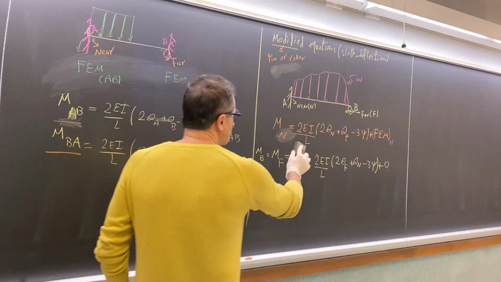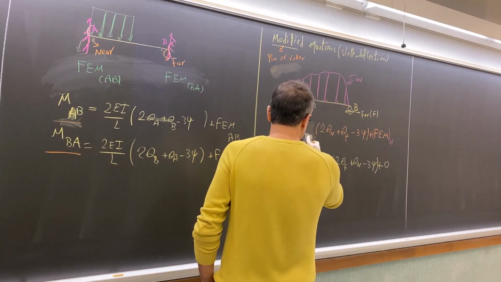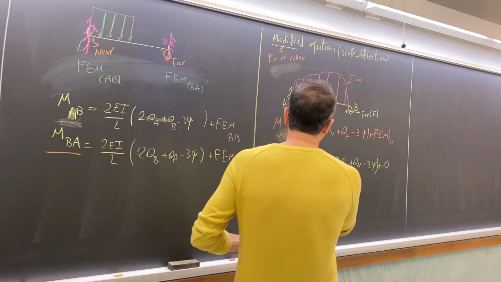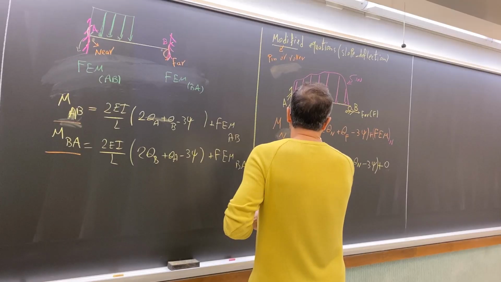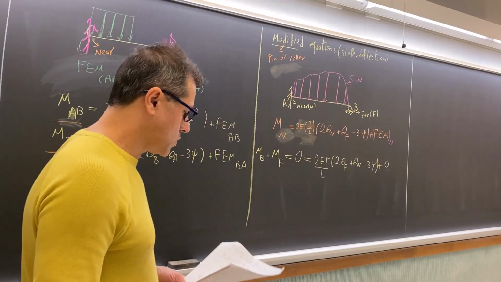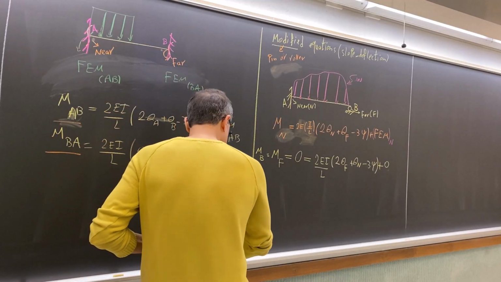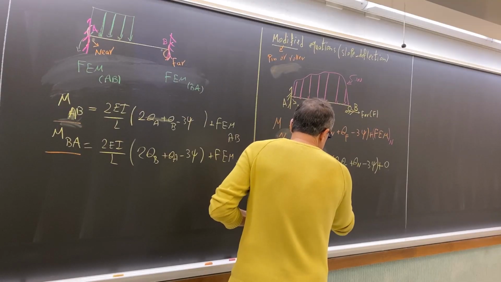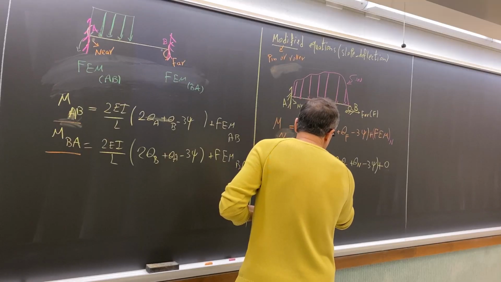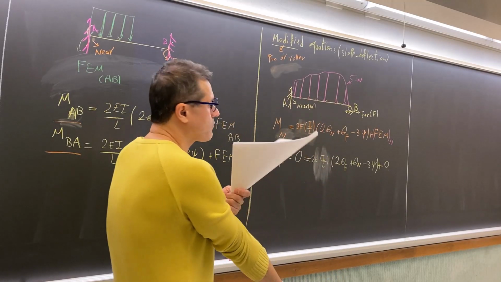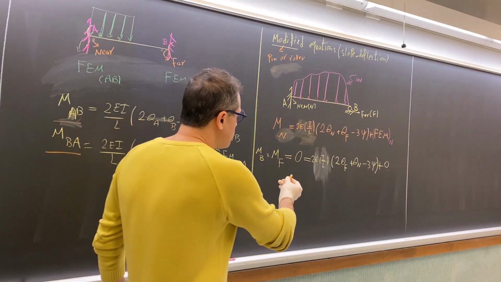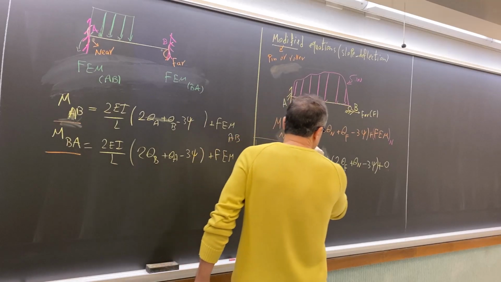The way the textbook is writing it is like this, a different arrangement: 2EI over L, which is the same. Any questions so far?